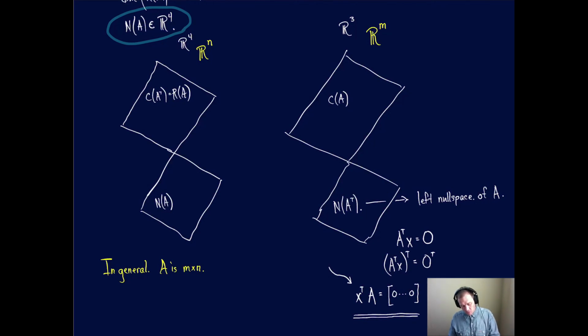So the dimension of the column space of A, well, it's the number of pivots in A, so it's R. And that's also the same for the row space. The dimension of the column space of A transposed is R. In our previous example, let me put that in here. Our previous example, we had this dimension was 2, the number of pivots, and so is this dimension, 2.